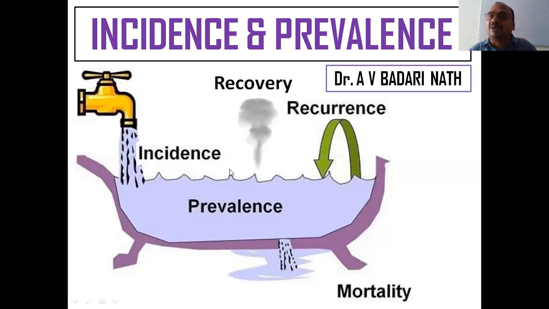Prevalence means accumulated. And you can see this is recovery. This is hot water fumes escaping. So how many corona cases were recovered is called recovery. It is escaping from the prevalence, like the water vapor escaping. And reoccurrence, see the arrow mark.